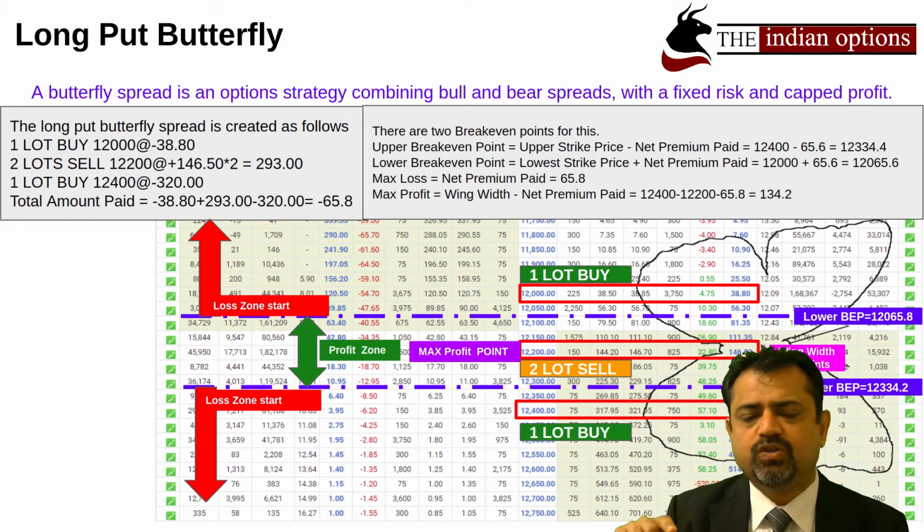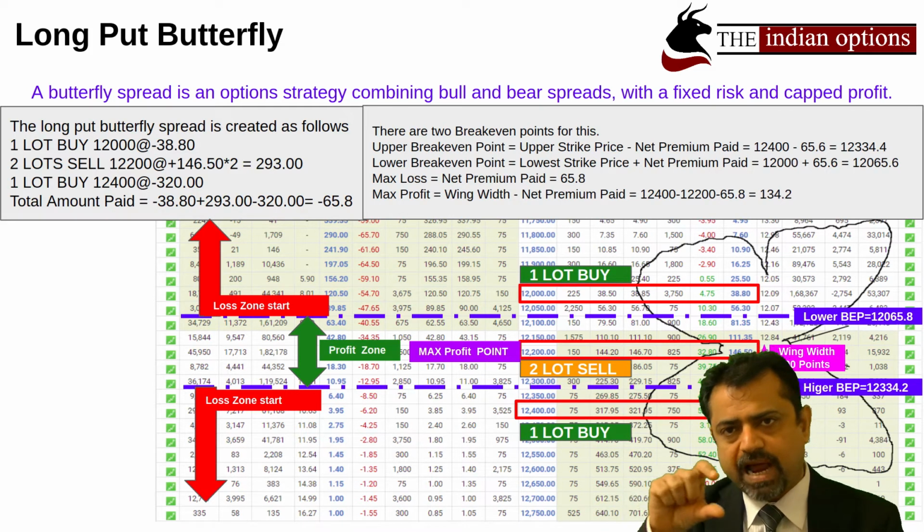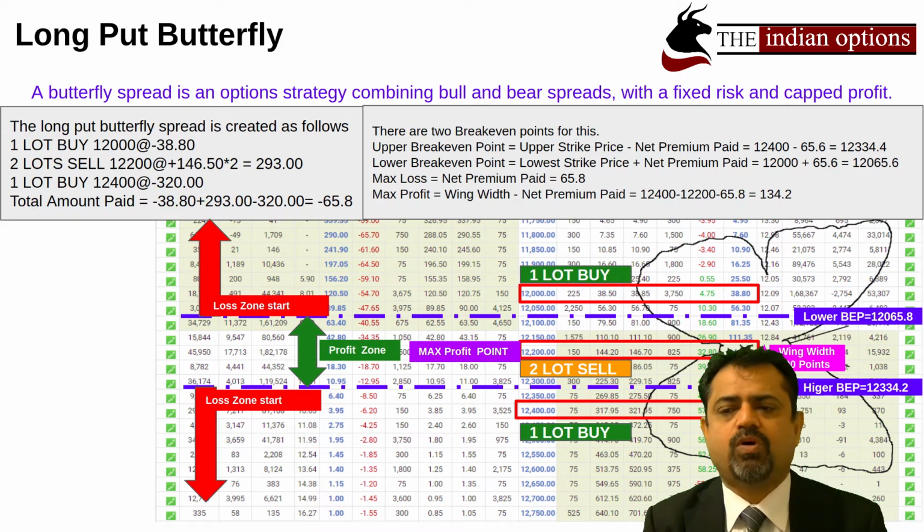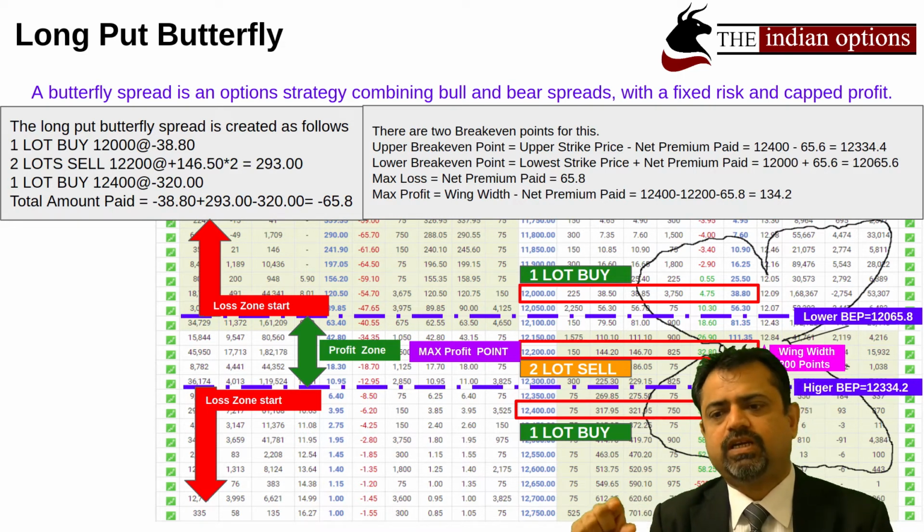Now your profit zone is going to be if the market stays between the break-even points. Again here the break-even points are different.